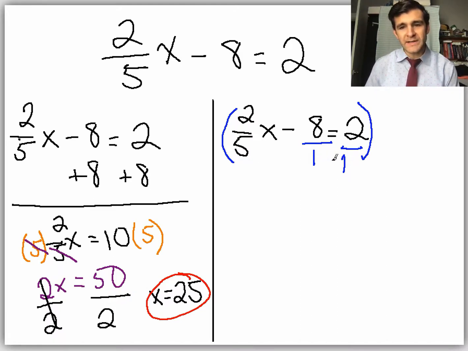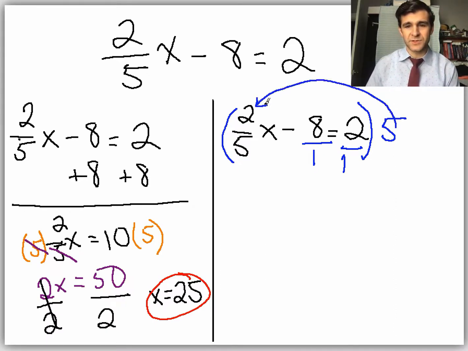So the greatest common denominator with these fractions is 5. So I'm going to multiply the entire thing times 5. So 5 times 2 over 5, 5 times negative 8, and then 5 times 2.